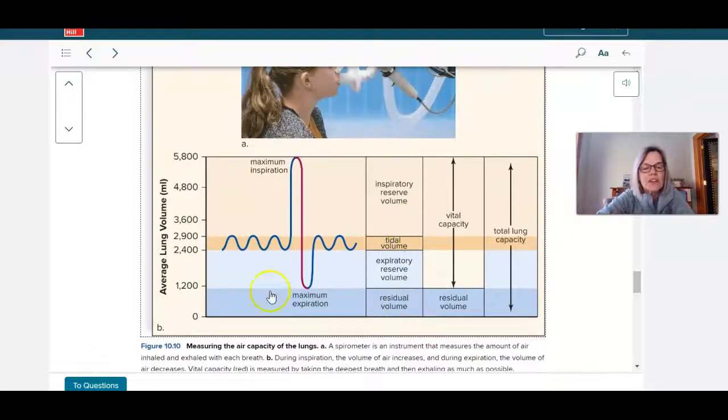This graph is trying to show you that. Here's the volume you breathe in and out, and that's your tidal volume. But if I took a maximum inhalation and then breathed out as much as you can, that's what we call vital capacity. And that's a great number to measure lung health.